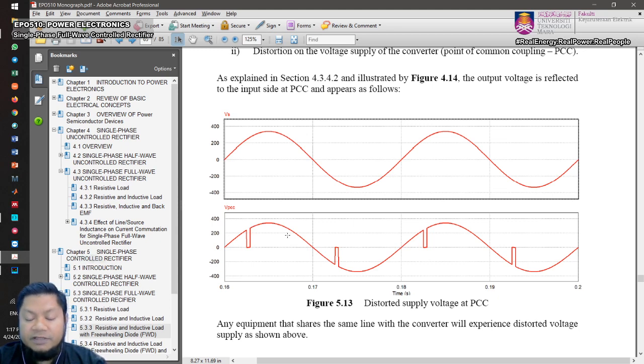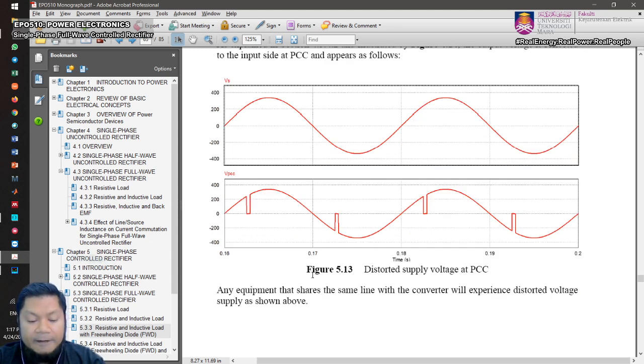So if you have several loads connected to the same point, then the other loads, load 2, load 3, will see a distorted input voltage. The supply is no longer sinusoidal, so there will be problems related to harmonics. All right.